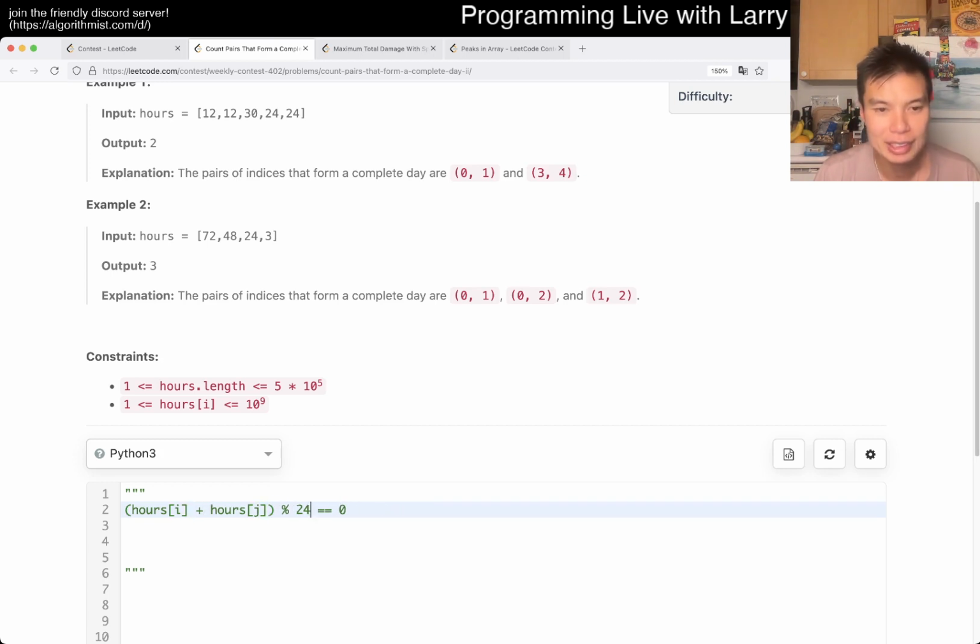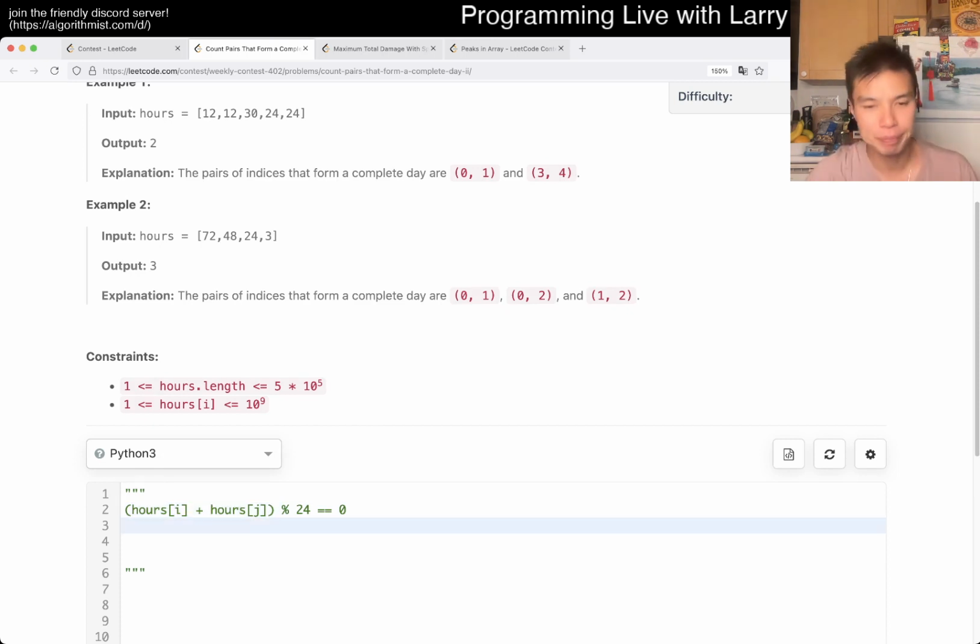If we have this, another way of saying it is that this is a multiple of 24. If you rejiggle the equations, you get that hours of i mod 24 is in the equivalence class of hours of j mod 24.